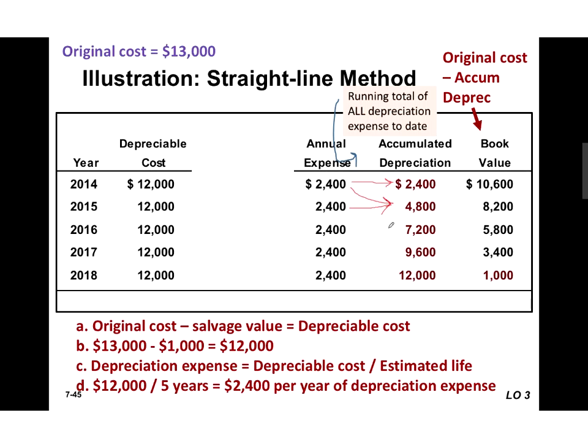Now for 2016, we're going to take the 4,800 and add this year's 2,400 to get 7,200. So every year we just keep adding $2,400 to the year before. Okay. And then the book value up in the right corner, that's our original cost minus our accumulated depreciation column.